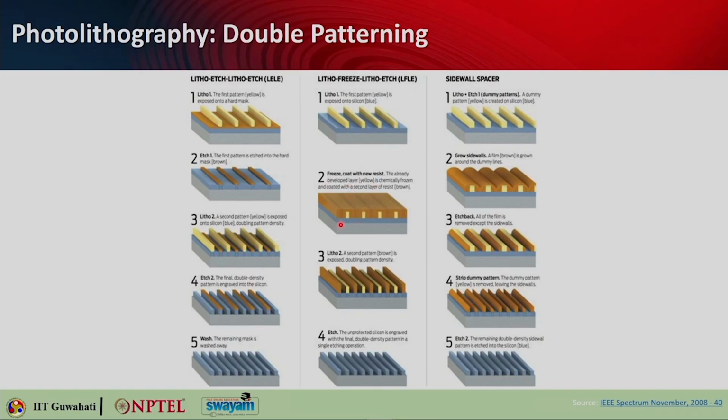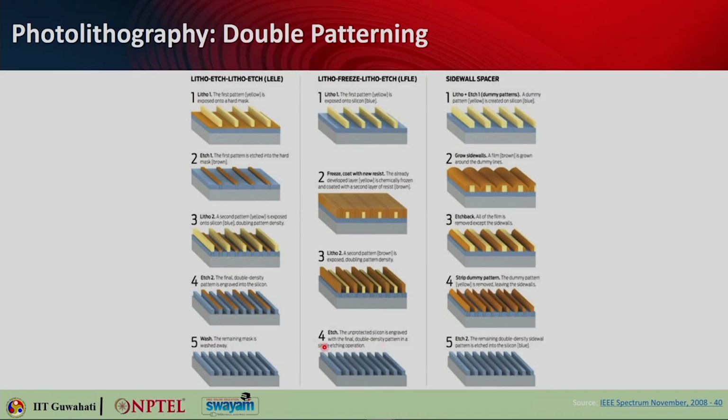The already developed layer that is shown in yellow is chemically frozen and coated with the second layer of resist, which is shown in this brown color. And then you do the litho step again. The second pattern, which is shown in brown, is then exposed, and that doubles the pattern density.